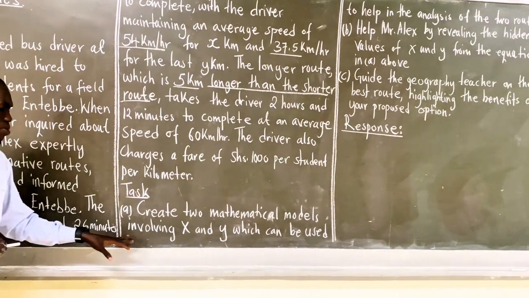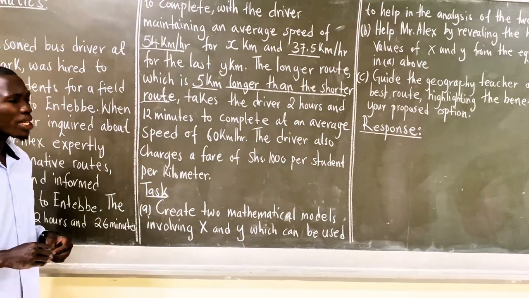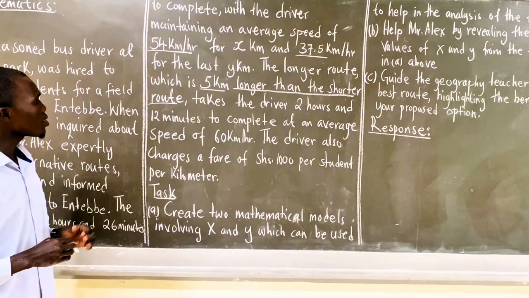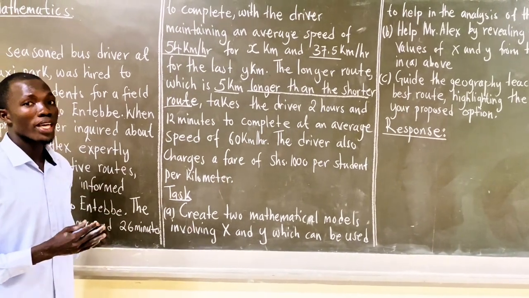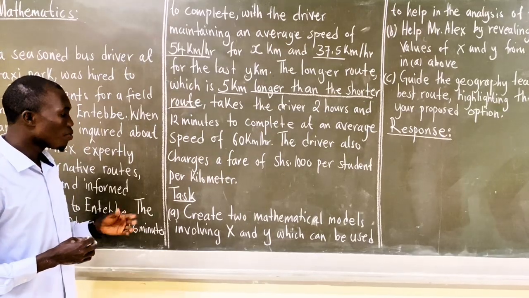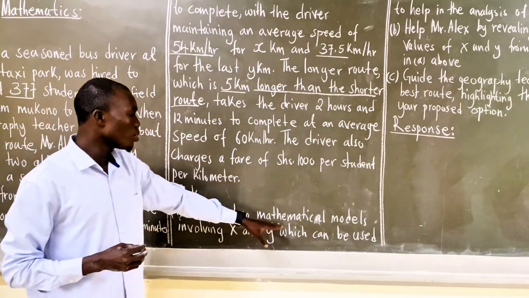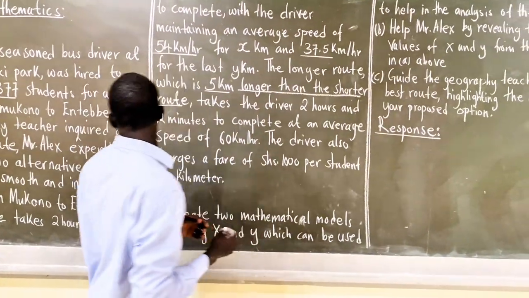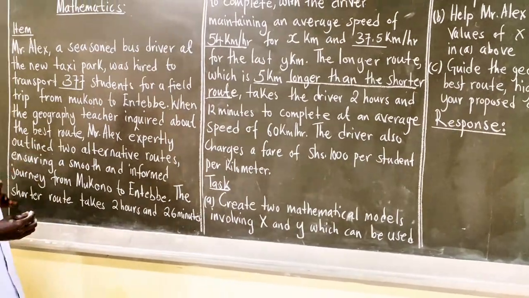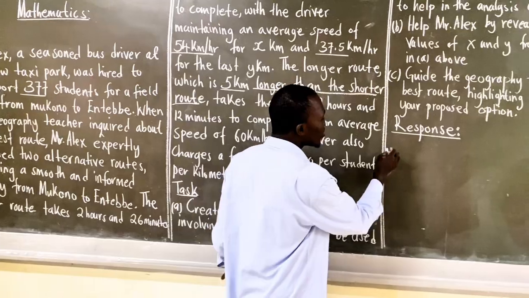So for us to form these 2 mathematical models, we need to first of all write down what we have been given. Then from there we can go ahead to formulate the mathematical models or equations. So starting from the shorter route, let's write down what we have.